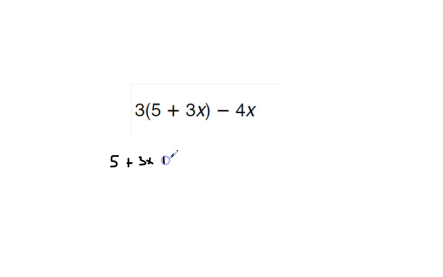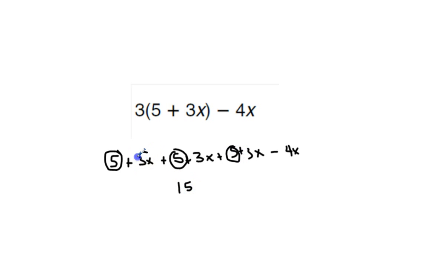So it's another plus 5 plus 3x plus another 5 plus 3x minus 4x. So what I have to do is look for all the like terms so I can simplify this. So I'm going to go ahead and do my constants first. 5 plus 5 plus 5 makes 15.